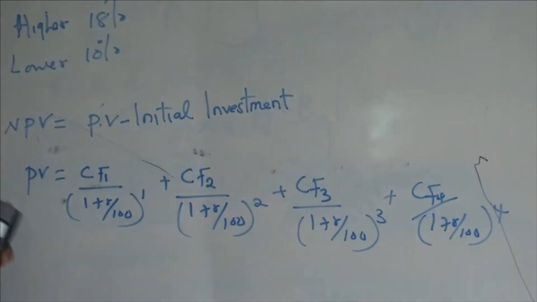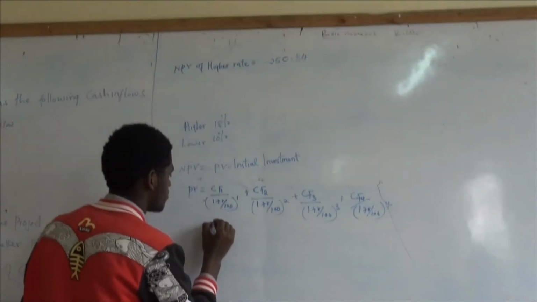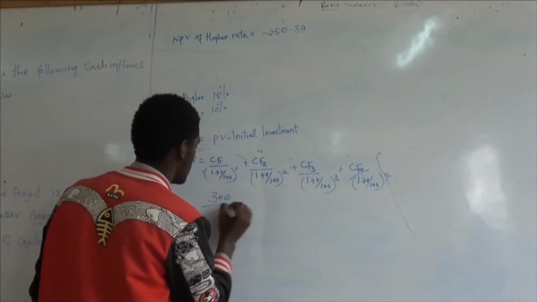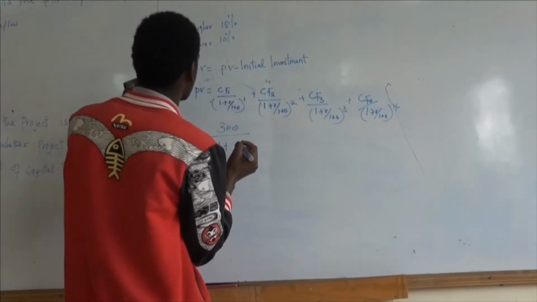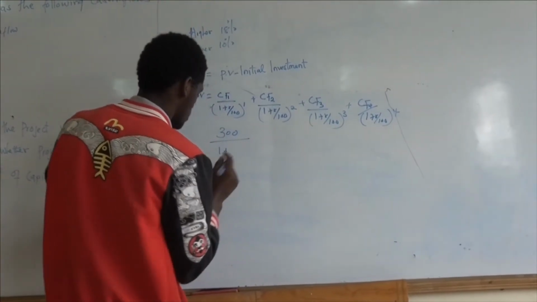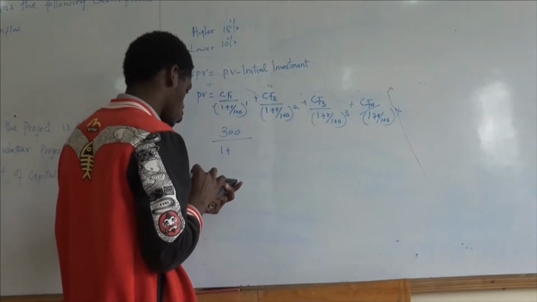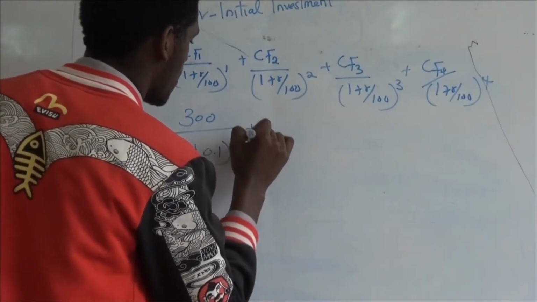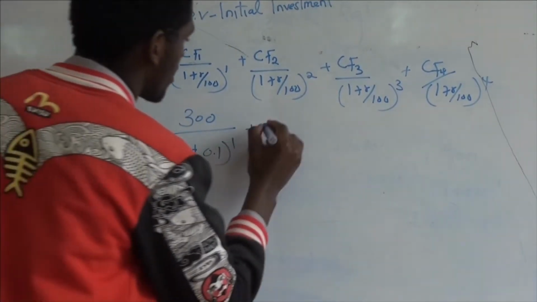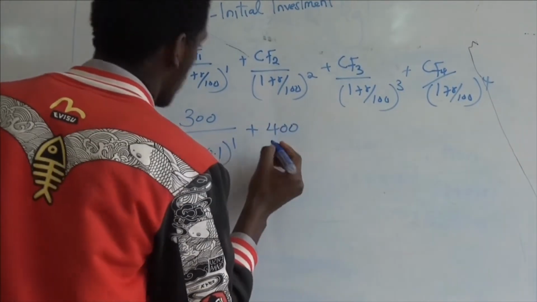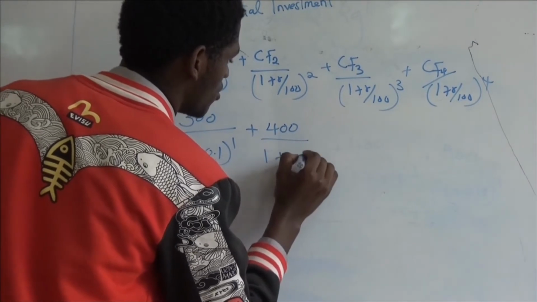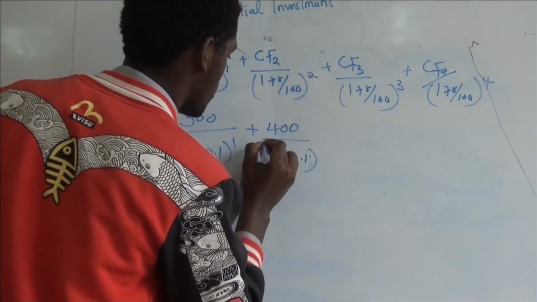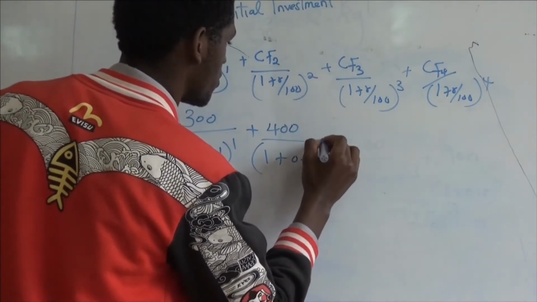So our first cash inflow is 300. So 300 divided by 1 plus our rate. Our lower rate was 10%, so 10% is equal to 0.1, raised to power 1, plus second cash inflow, 400 over 1 plus 0.1 raised to power 2.